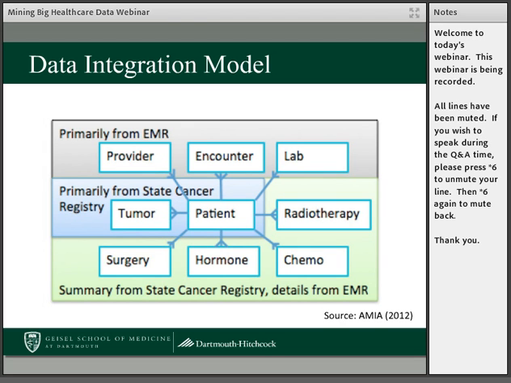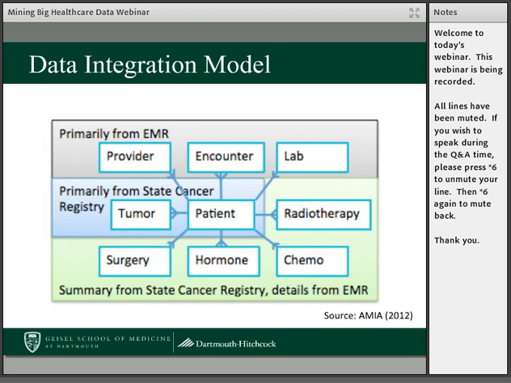In the institutional registries and also in the regional registry, we have some information on when patients received a particular modality of care, whether it's surgery, hormone therapy, chemotherapy, or radiation therapy. That gives us a high-level view, and we also know at what site they were given these treatments. Whether that's complete or not is another issue, but at least we know that the patient may have been seen outside the system.